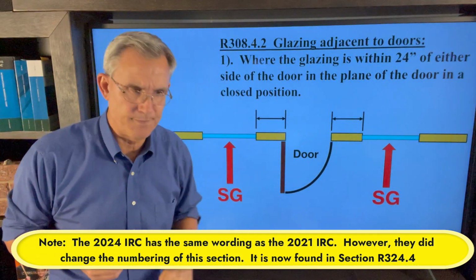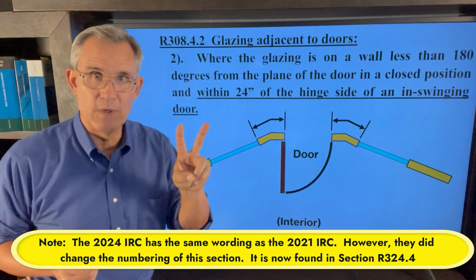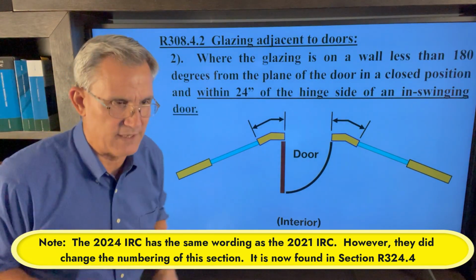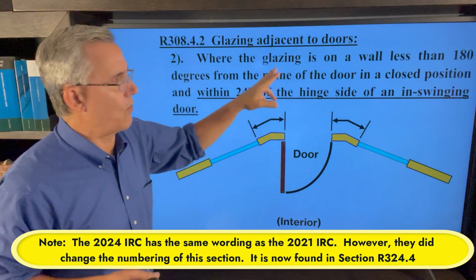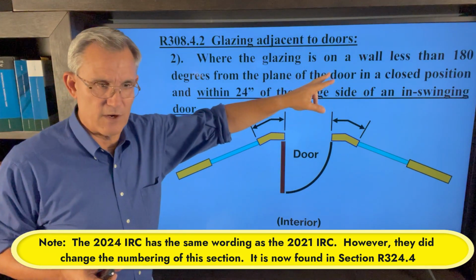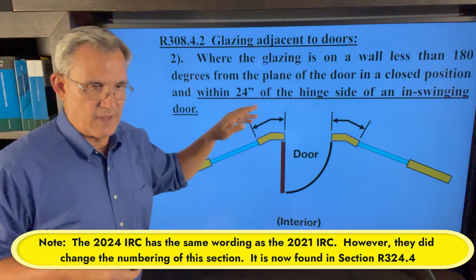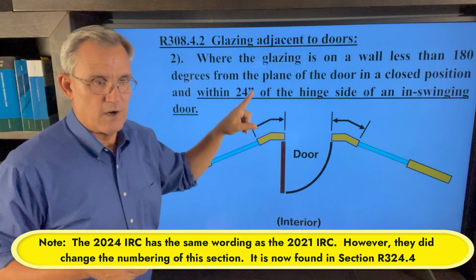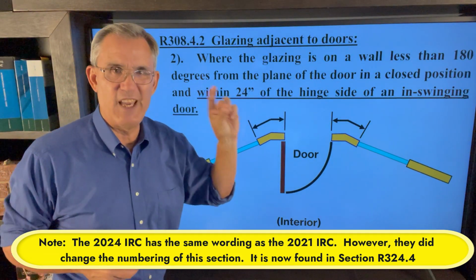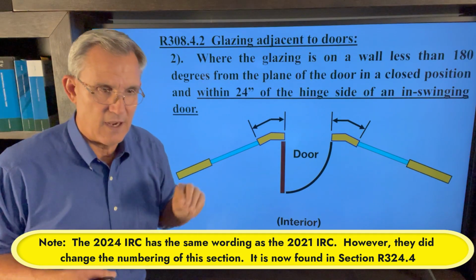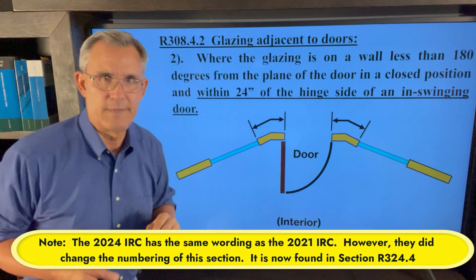So that's item 1. Let's go to item 2. This is where you've got to put your thinking cap on a little bit. Now the glazing is on a wall less than 180 degrees from the plane of the door in a closed position, straight line. Then, this is very important, within 24 inches of the hinge side of an in-swinging door.